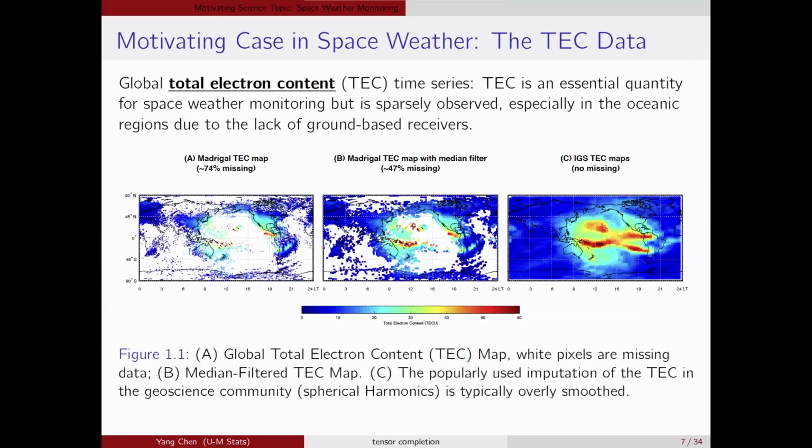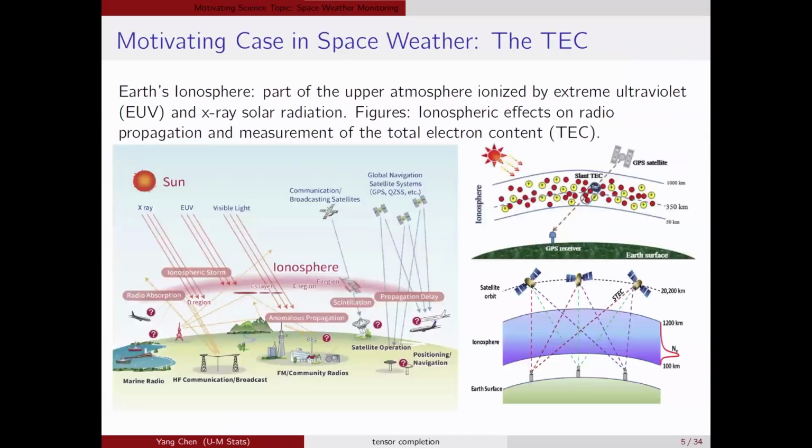In terms of real-time monitoring of total electron content, we need to make measurements. From a statistical perspective, we're most curious about what kind of data set we can collect. The way we monitor the total electron content, based on this plot, is by counting how many electrons cross between a ground receiver and a flying satellite.